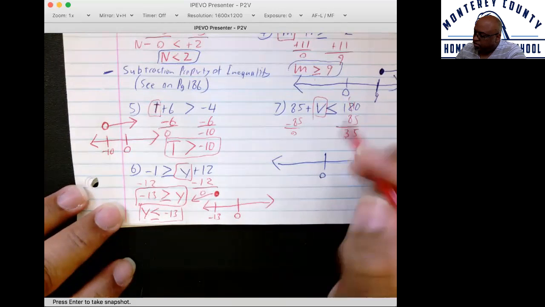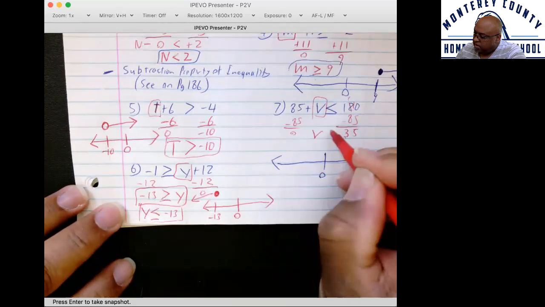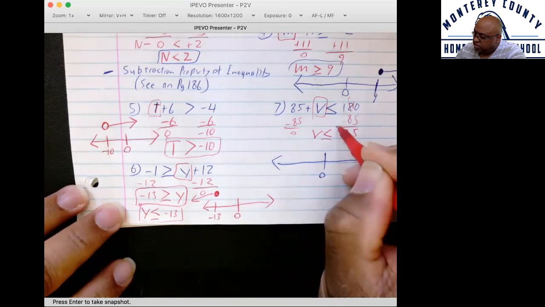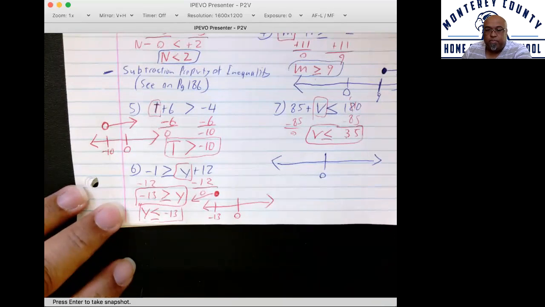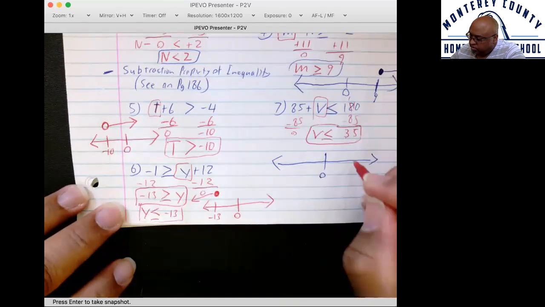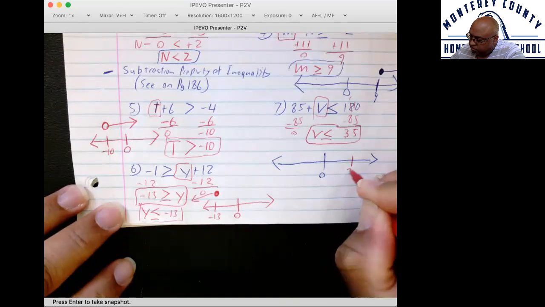All right, so I now have v is less than or equal to 35 as my solution here. Okay. By subtracting 85 from both sides. Isolate opposite both.